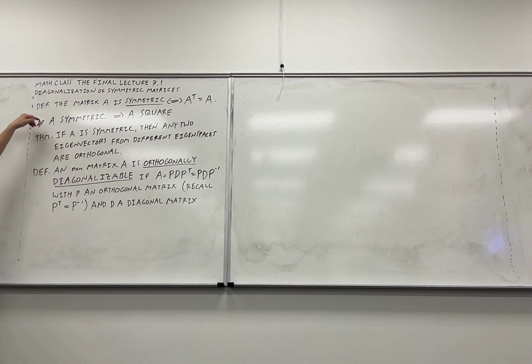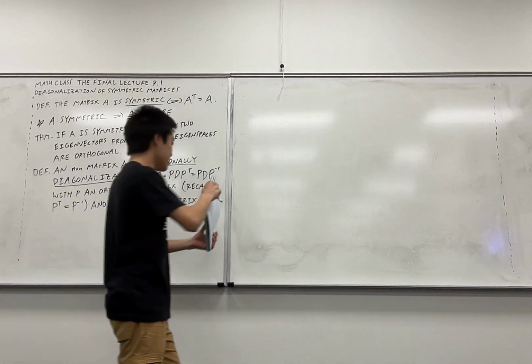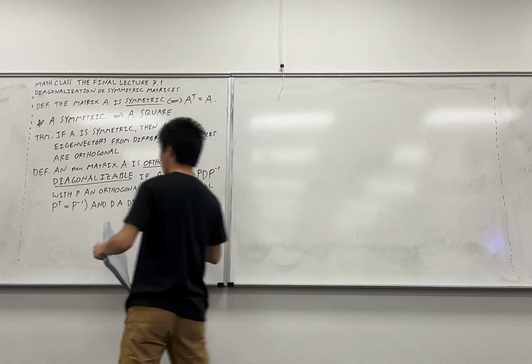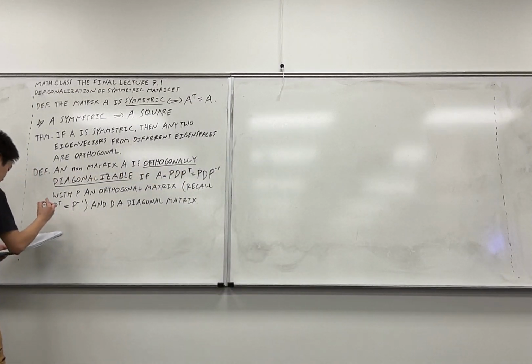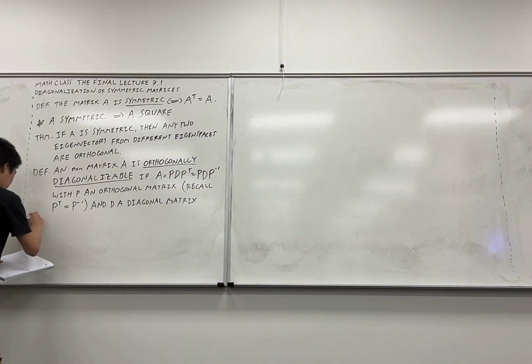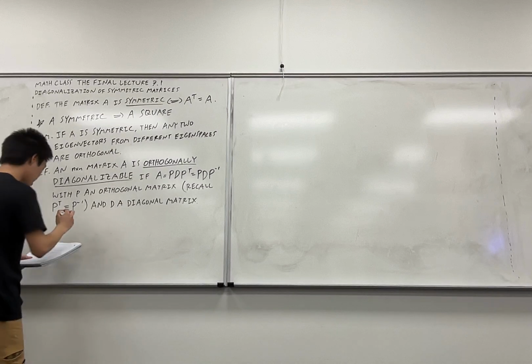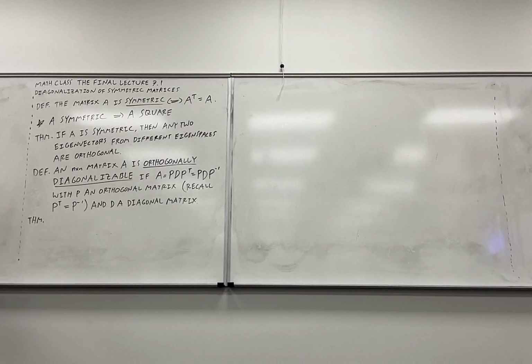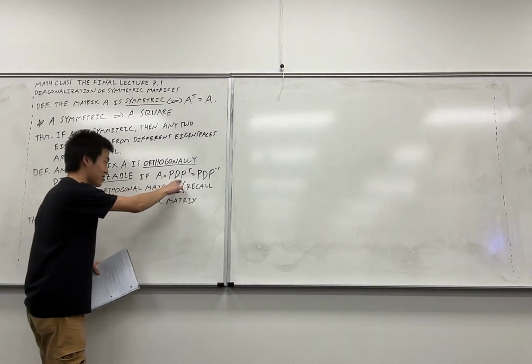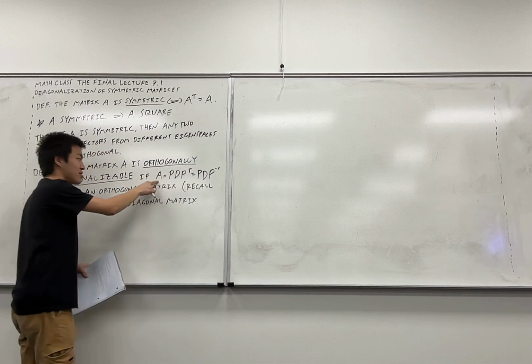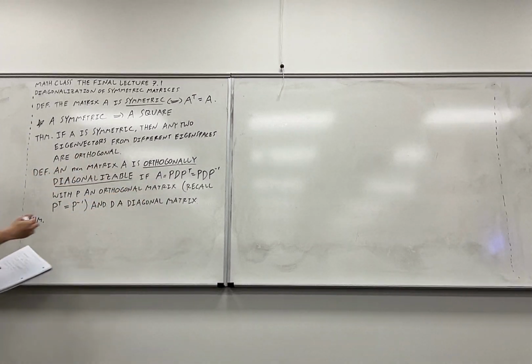And the way we do that is through the language of these symmetric matrices, because what we'll find out is that this is only possible if A itself is symmetric. The only case in which this factorization will even exist is if A is symmetric.